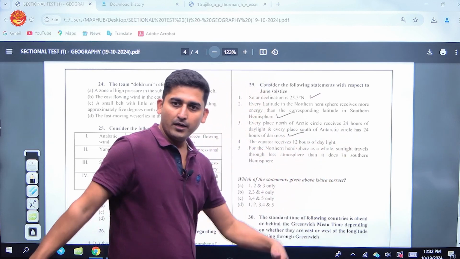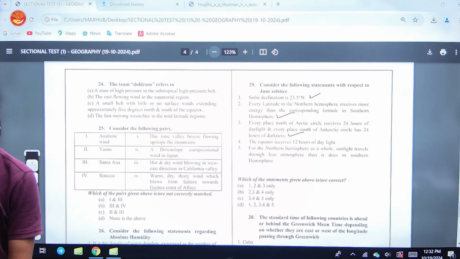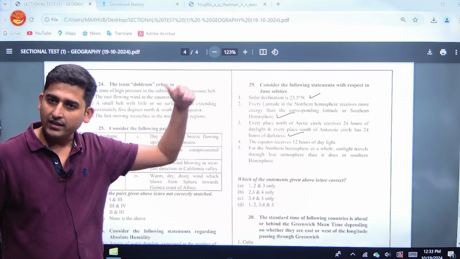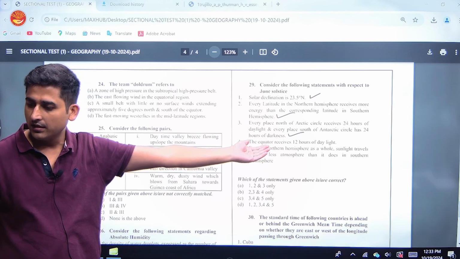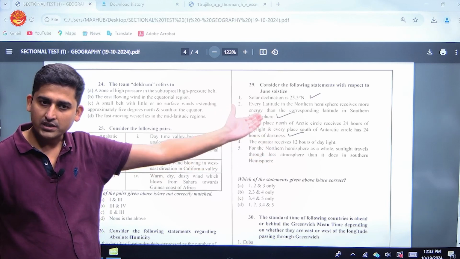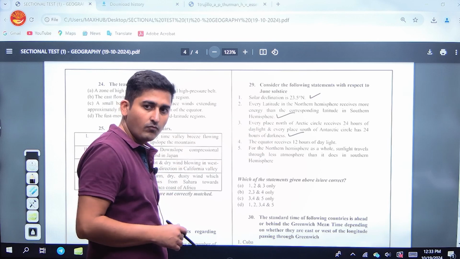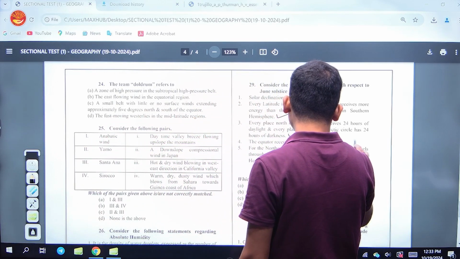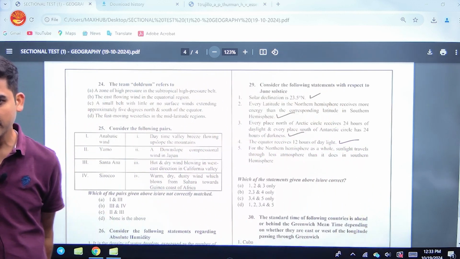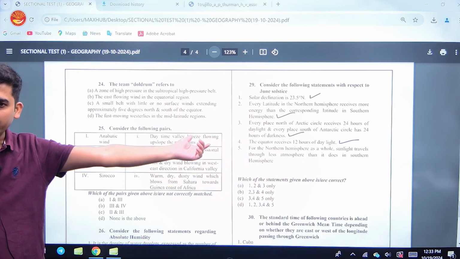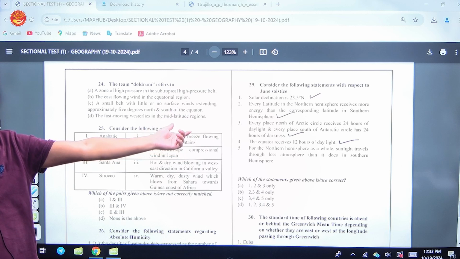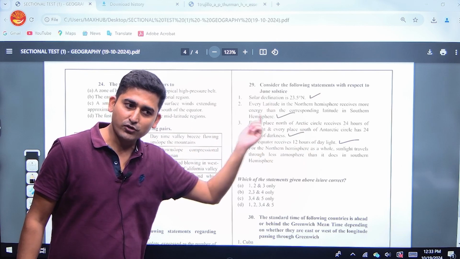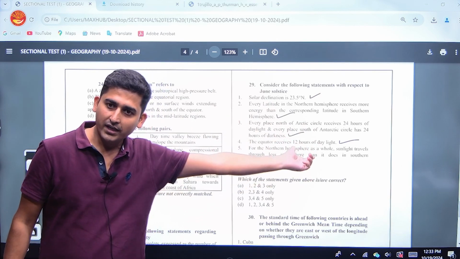This is again true, because beyond Arctic Circle there will be 24 hours of daylight on this June solstice, but beyond the Antarctic Circle in the southern hemisphere there will be 24 hours of complete darkness. The equator receives 12 hours of daylight. Yes, the equator on summer solstice also receives 12 hours of daylight.